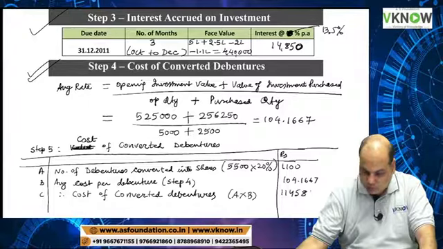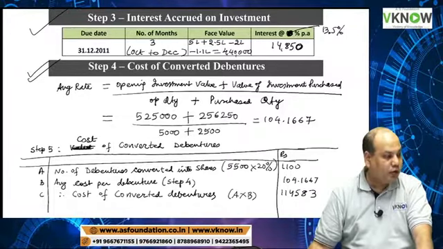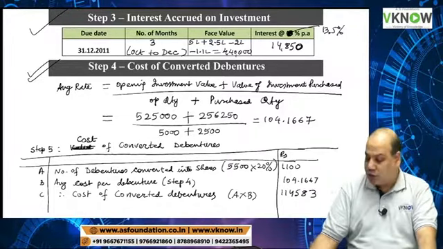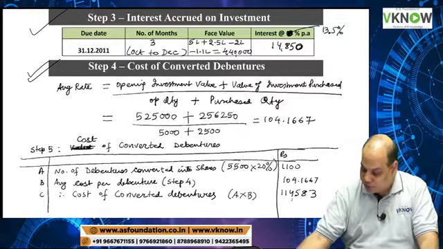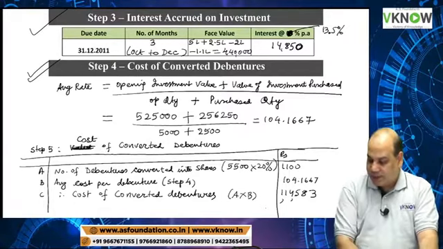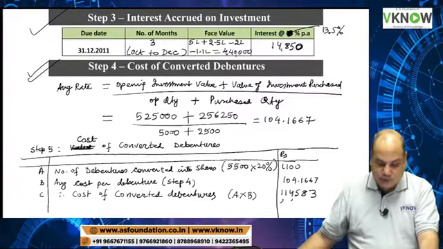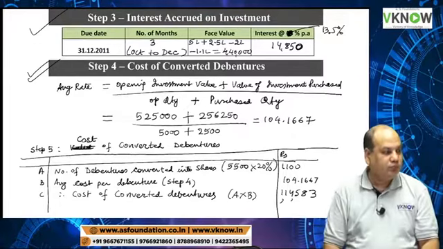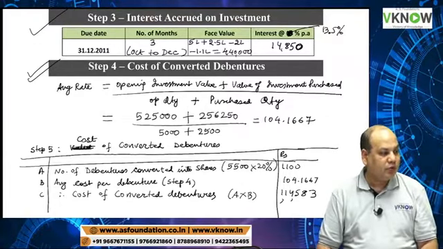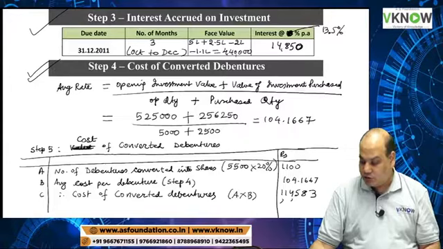Round off 583. Point you can ignore. Just check the answer 114,583. So step number 5 is cost of converted debenture.